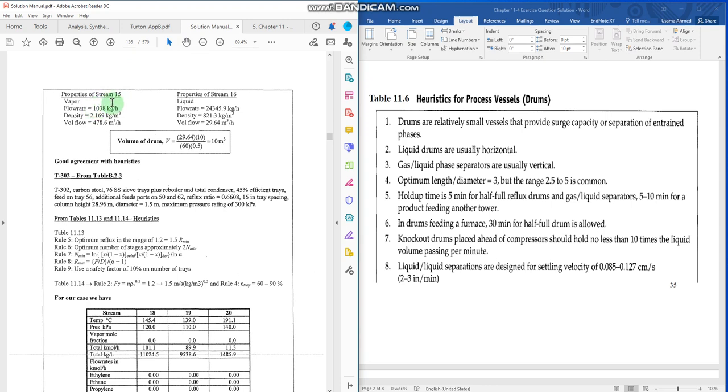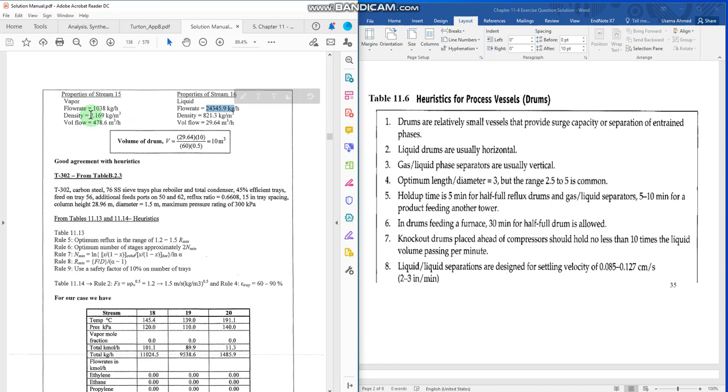You can have the information on the vapor flow rate, which is 103 here. Although this value is different, the actual flow rate is high, so you can see the actual number from the tables. Similarly, for stream number 16, the liquid state, you can get the information from the table.